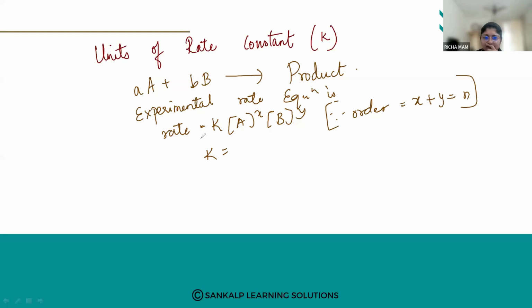We are finding the unit of K. So K is equal to rate divided by [A]^x[B]^y. What is rate? Rate is the change in concentration with respect to time.